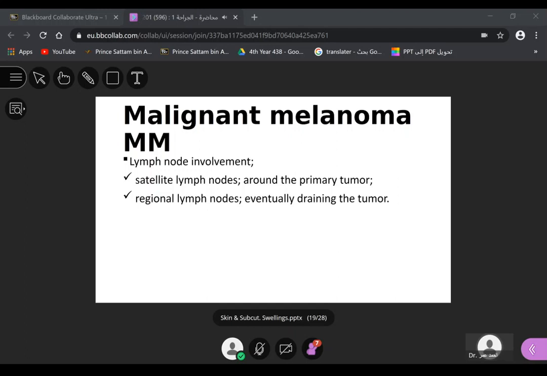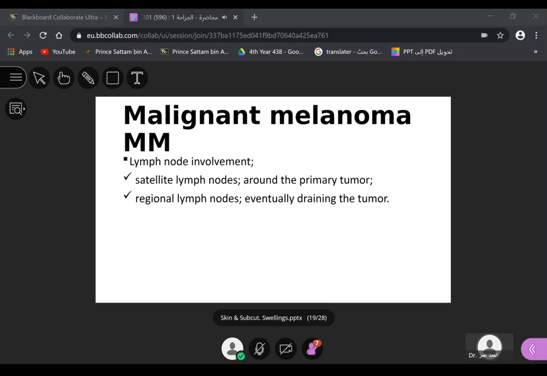And then you also find involvement of the regional draining lymph nodes, which, if the swelling is in the lower limb, will be the inguinal group of lymph nodes.